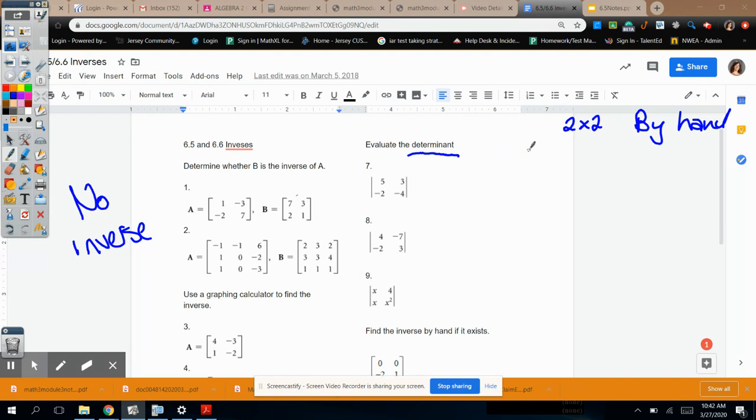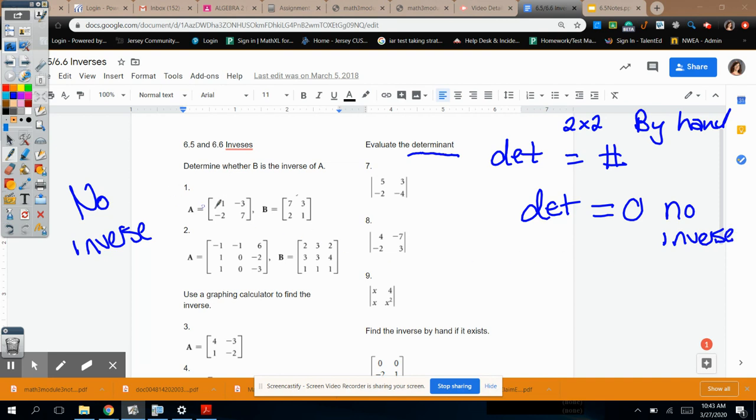Okay, so how do you determine? If the determinant, which we call the DET, equals a number, then it has an inverse. But if that number was 0, then there's no inverse, okay? So the first thing we're going to do is how do you find the determinant?